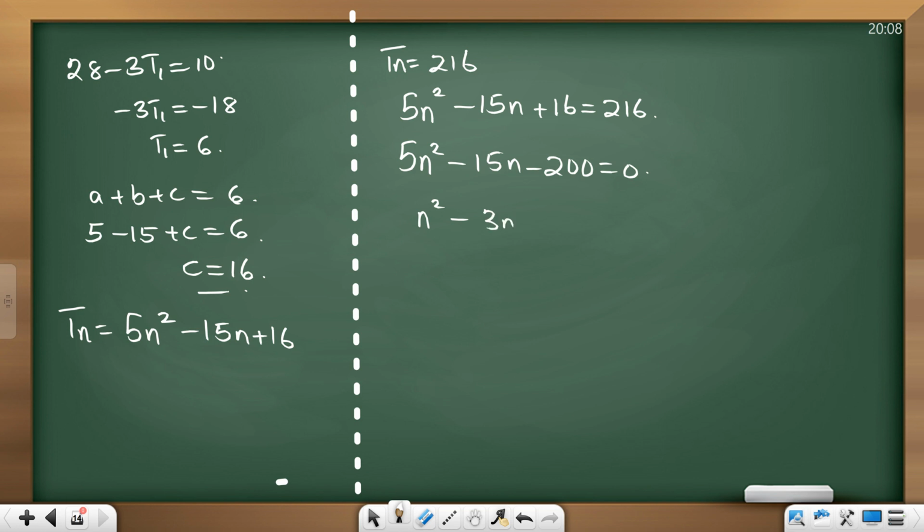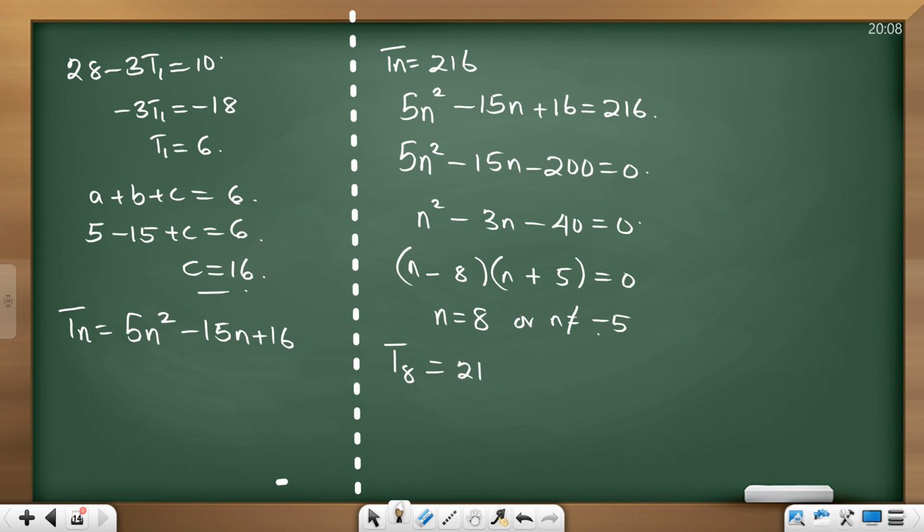N squared minus 3n minus 40 equals 0. 5 and 8, but negative. N equals 8. T8 is equal to 216. Is it part of it? Yes.